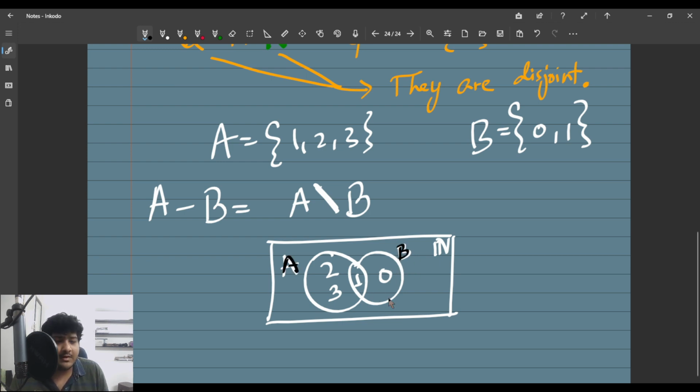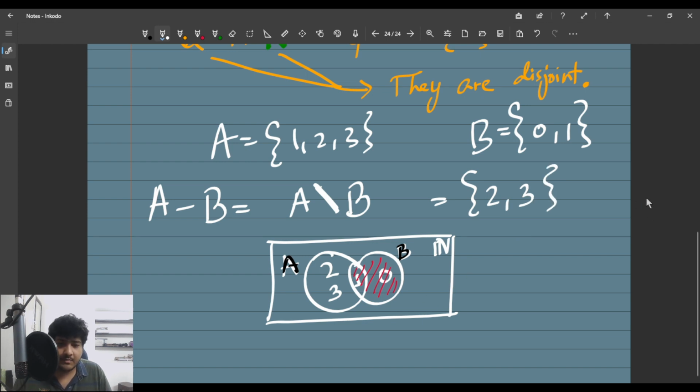You'll be able to look at where the set overlaps. A difference B is geometrically, if you just think about it, you just take away B from A. So take away all of B from A. Whatever you're left with, we call it A difference B. So essentially it is 2, 3.